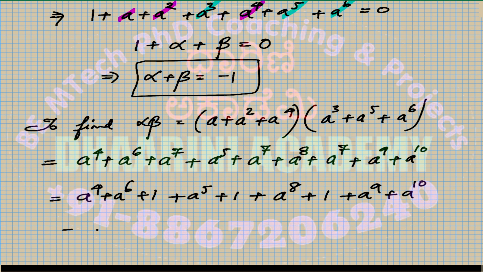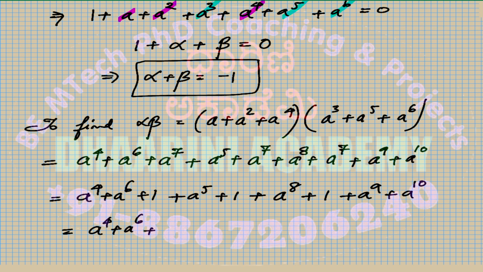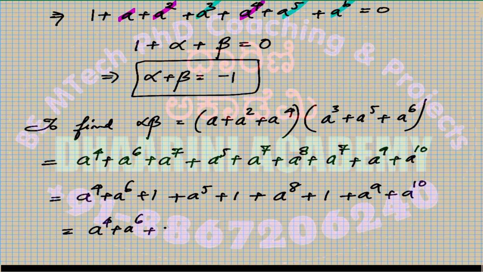So this is equal to a to the 4 plus a to the 6 plus 1 plus 1 plus 1, so we have 3 plus a to the 5 plus a to the 8. I can write it as a to the 7 into a. Then a to the 9 is a to the 7 into a square plus a to the 10 is a to the 7 into a cube.